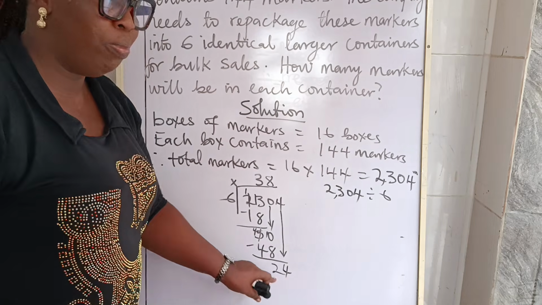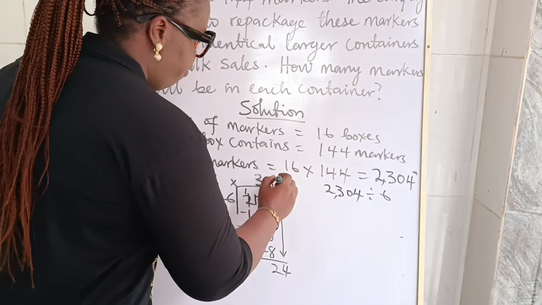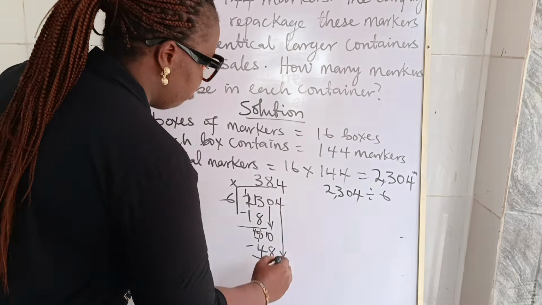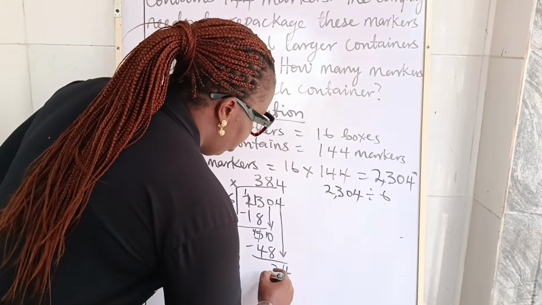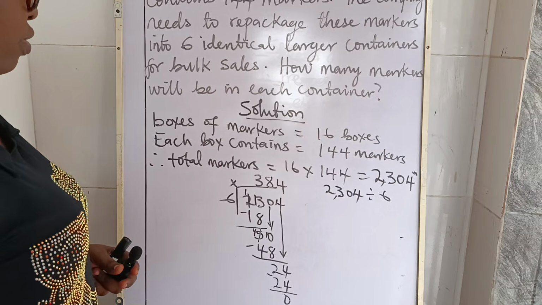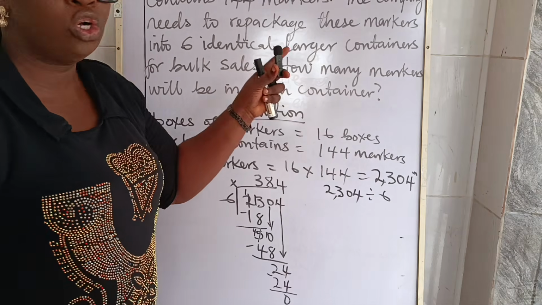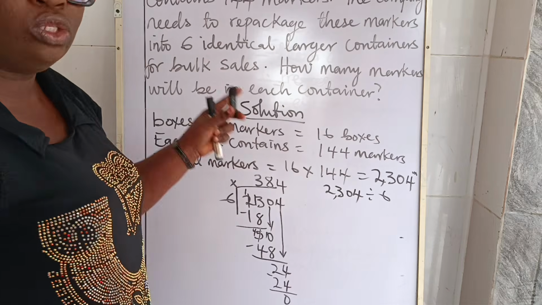6 going into 24 will give us what? It's going to give me 4, because 4 times 6 is 24. And when I take out 24 from 24, I will have 0. So therefore, how many markers will be in each container? That is what we are trying to find out.